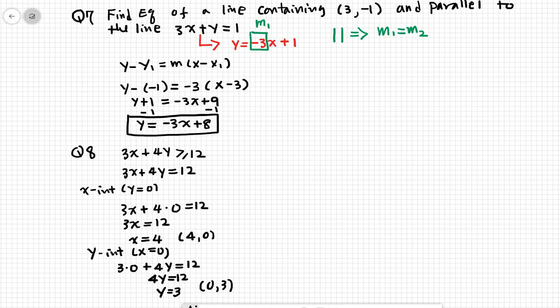Now we're going to plot this onto the graph. So here it is. The x-intercept is going to be (4, 0): 1, 2, 3, 4, and 0 here. Next one is going to be (0, 3): 1, 2, 3 over here.